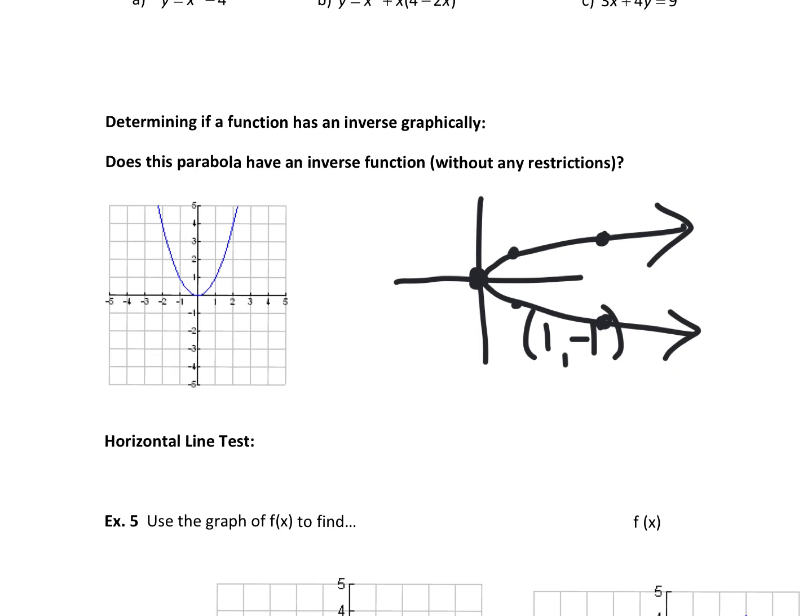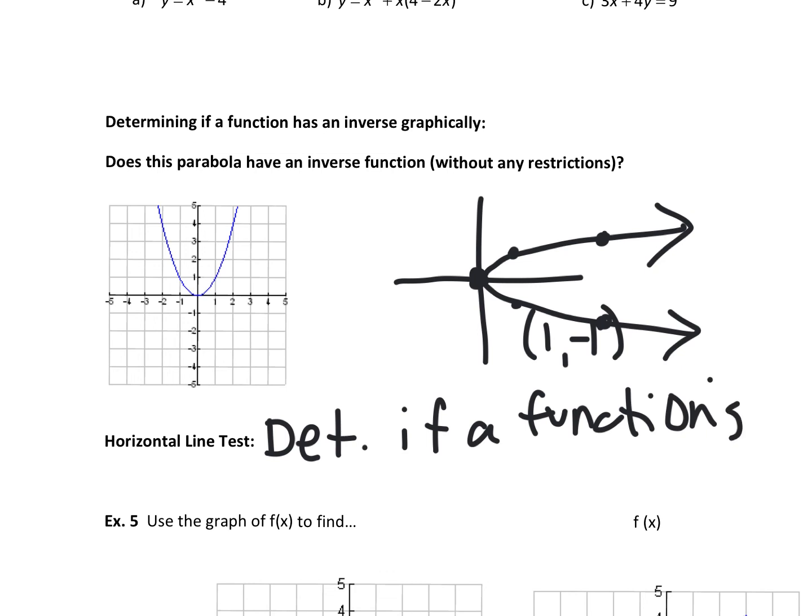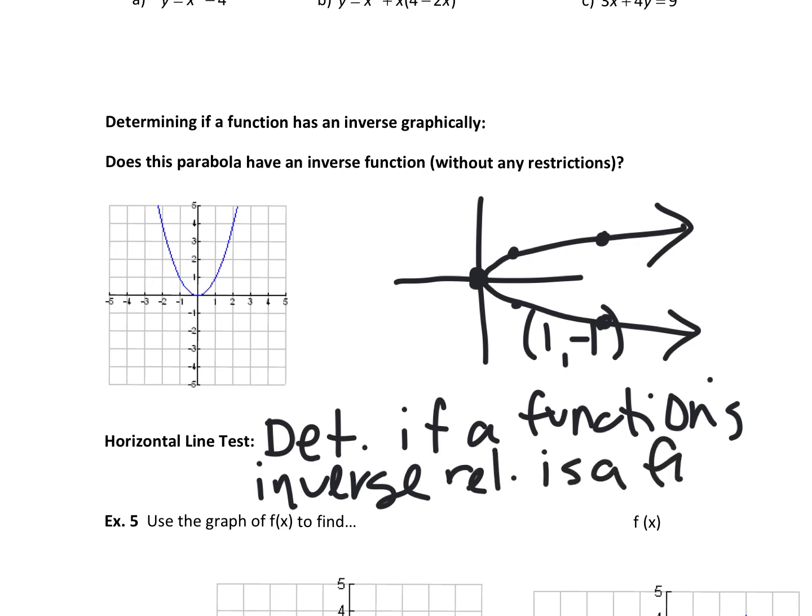So the horizontal line test determines if a function's inverse relation is a function.